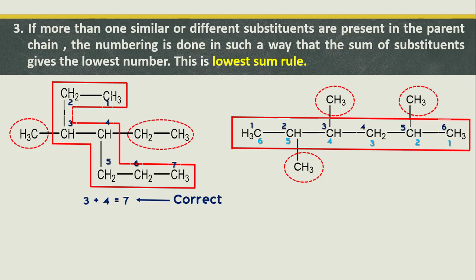However, let's see the sum here. From the front end, the three methyl groups lie on the second, third and fifth carbon atoms. However, from the back end, the methyl groups lie on the second, fourth and fifth positions. So the sums are 10 and 11.